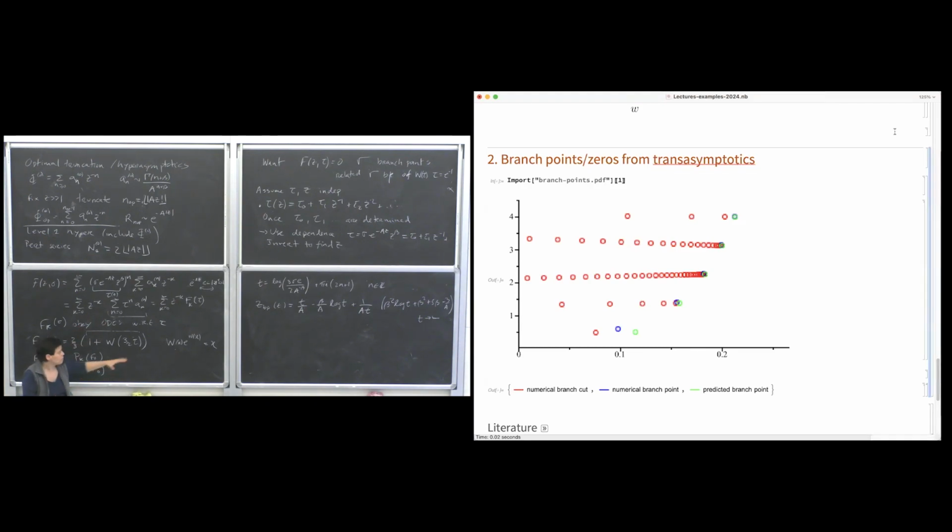So the zeros come from the zeros of this. The only zeros of the Lambert W are the branch points of the trans-series, but the higher orders in z correct the position of that zero, but don't introduce new ones.